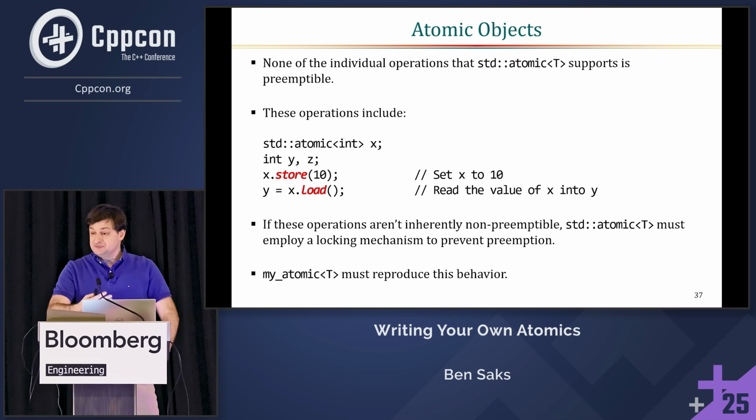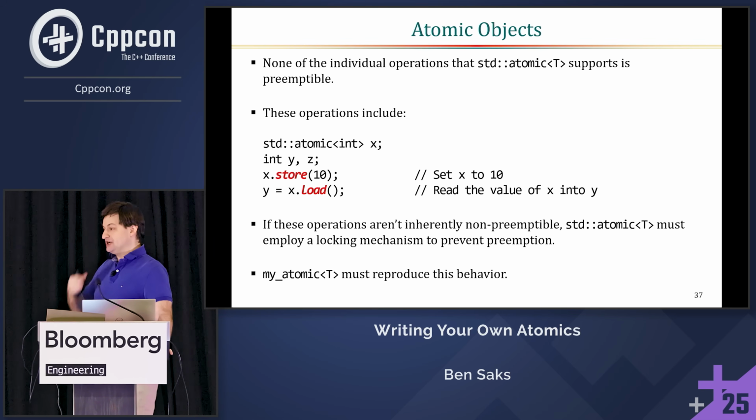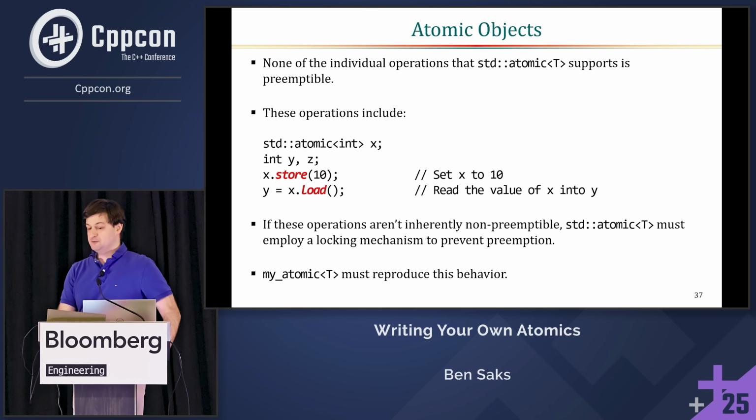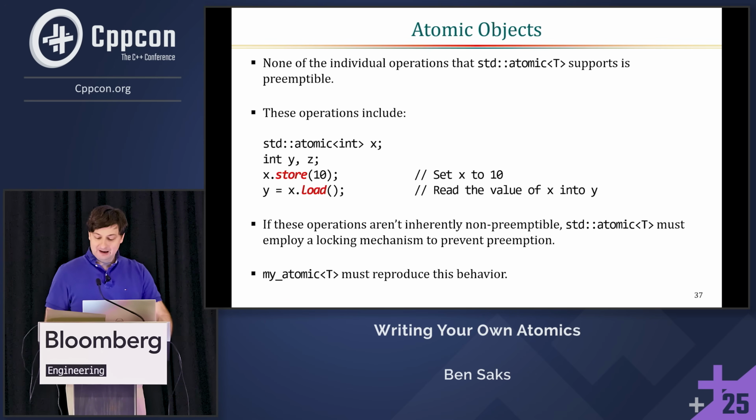It might be that we're on a platform where int is a naturally atomic type, something where operations on ints generally aren't preemptible. Or it might be that std atomic uses some kind of internal locking mechanism to make it so that those operations aren't preemptible. My atomic somehow has to accomplish the same thing.